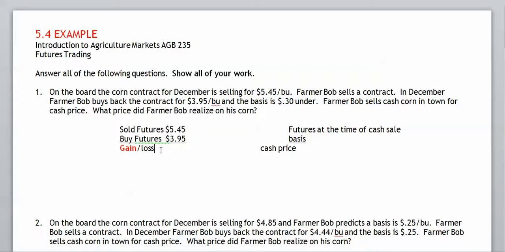We sold high, we bought low. That's a gain of $1.50. The futures price at the time of the cash sale is $3.95. We bought back at $3.95, and basis at that time was 30 cents under. So that means our cash price at that time was $3.65.